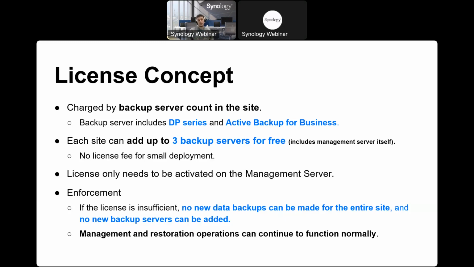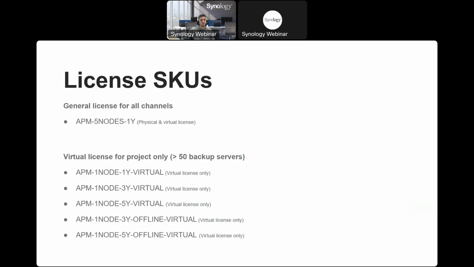License activation is only needed on the management server. If the license is insufficient, new data backups cannot be created and additional backup servers cannot be added. However, management and restoration operations will continue to function normally.